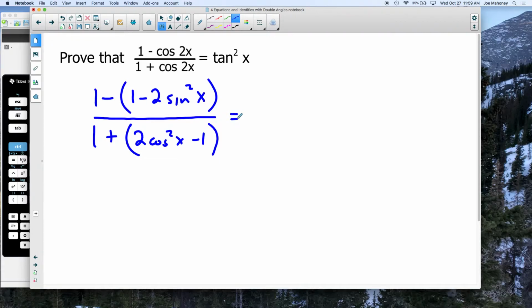If I do the distributive property in the numerator, I get a negative 1 and a positive 2 sine squared x. So combining like terms on the top, the 1's are going to subtract to give me 0, and I'm going to be left with 2 sine squared x. Likewise, on the bottom, when I combine my like terms, I get 1 minus 1, and then I'm left with 2 cos squared x.